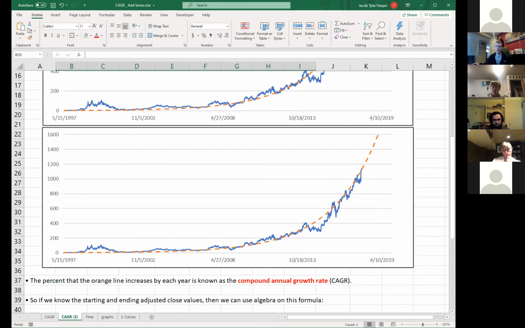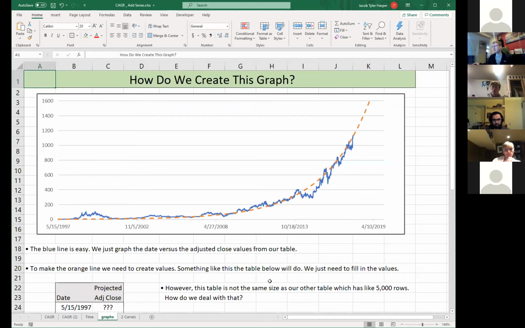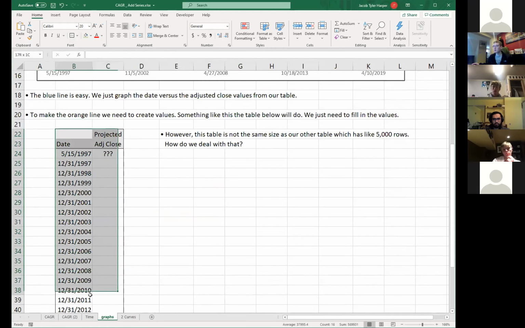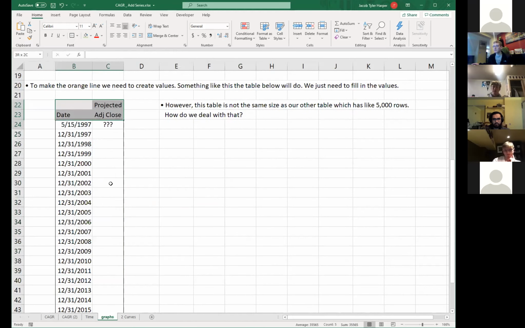The other thing I want to talk about is how to make this graph, because that's also in part 8. So we're trying to make this graph. The blue line is very easy. You graph column A, the dates, and column G, the adjusted close, done. That's the blue line, easy. But the orange line, the smooth line, you are going to have to build these numbers yourself.